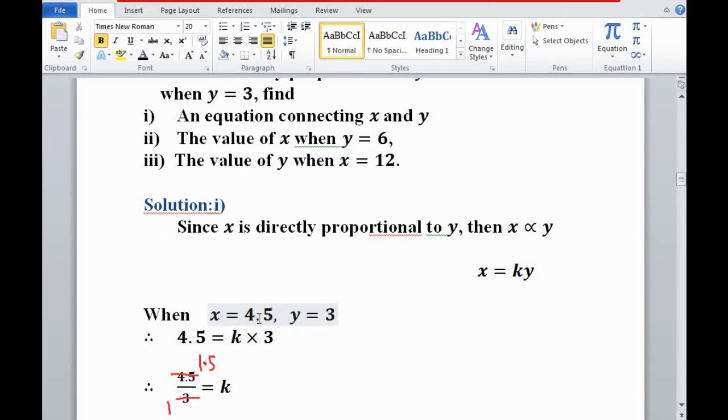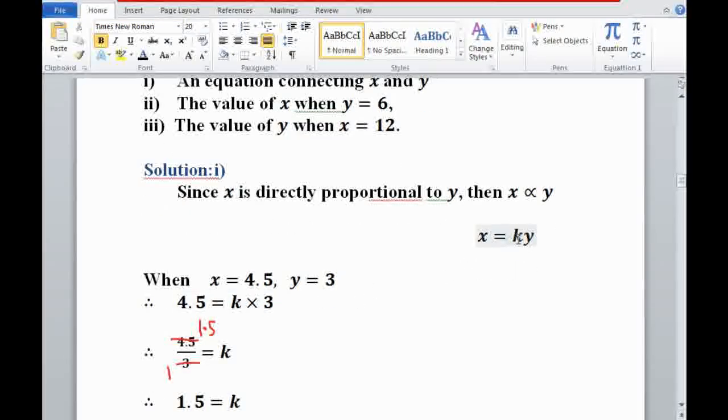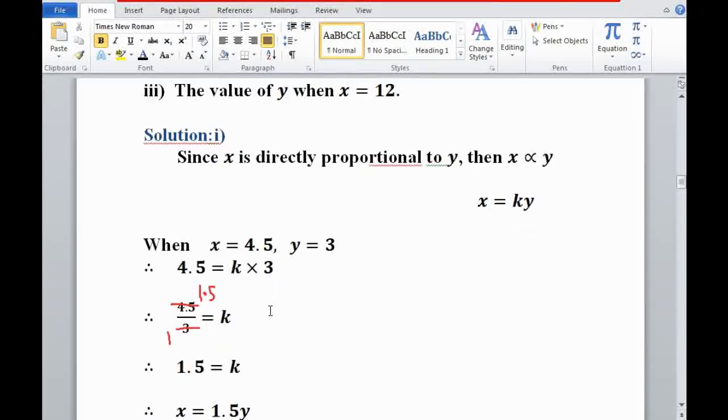And if we substitute these values of x and y in this equation, x equals ky, then this equation becomes 4.5, which is the value of x, equals k as it is, where y is 3. So we write 4.5 equals k multiplied by 3.